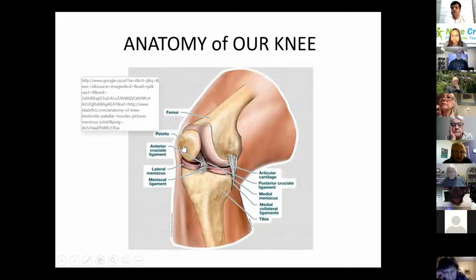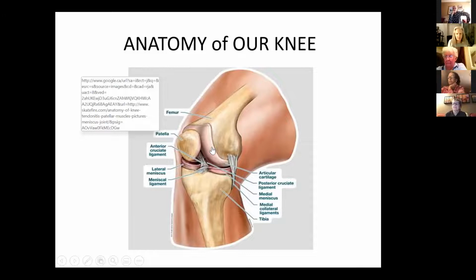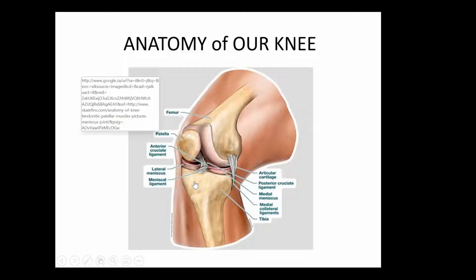These are the three main bones of the knee, and each bone has a covering called cartilage. There are other important structures: ligaments that hold the knee strong and stable, and the meniscus, which we can see here as rubber cushions that give extra stability to the knee joint.